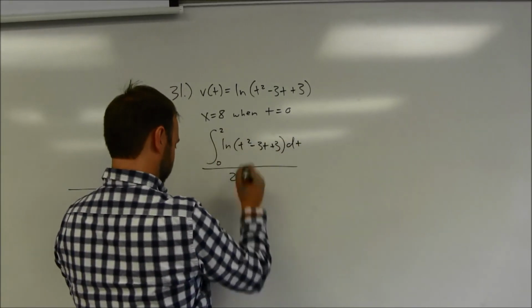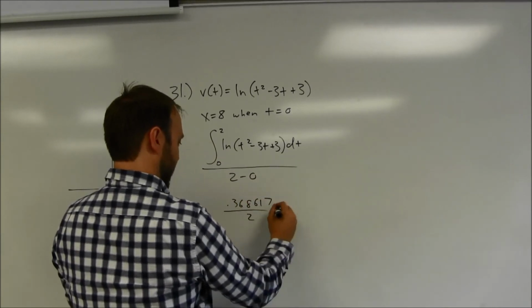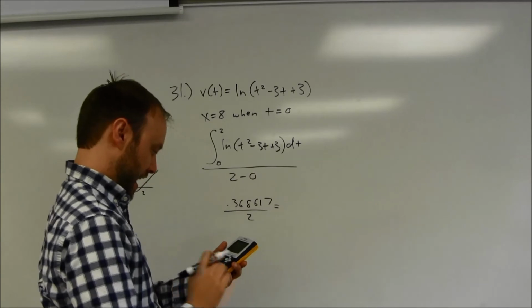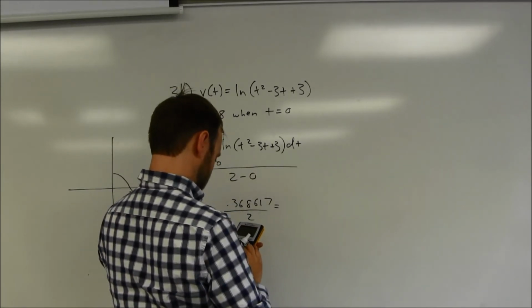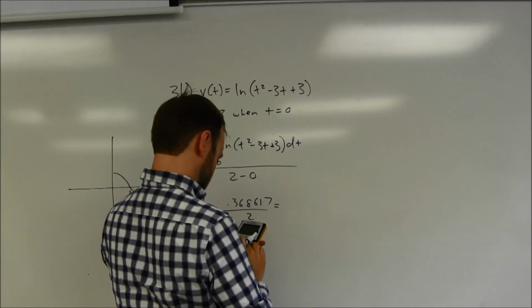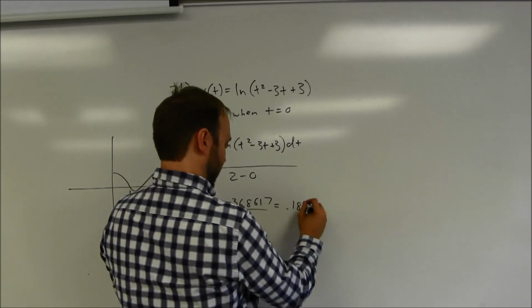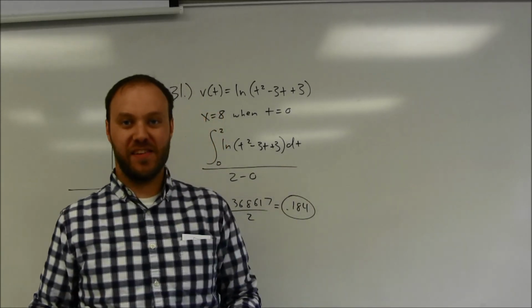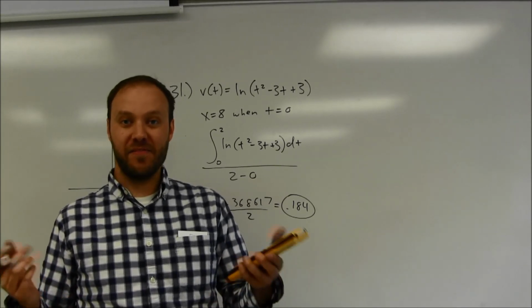That integral there is going to be 0.368617. I'm dividing by 2. And the average velocity, whoops, a little bit of rounding here. It's approximately 1.84 is my average velocity. So it's just the average value of the velocity function. And that's it for the quarter review.